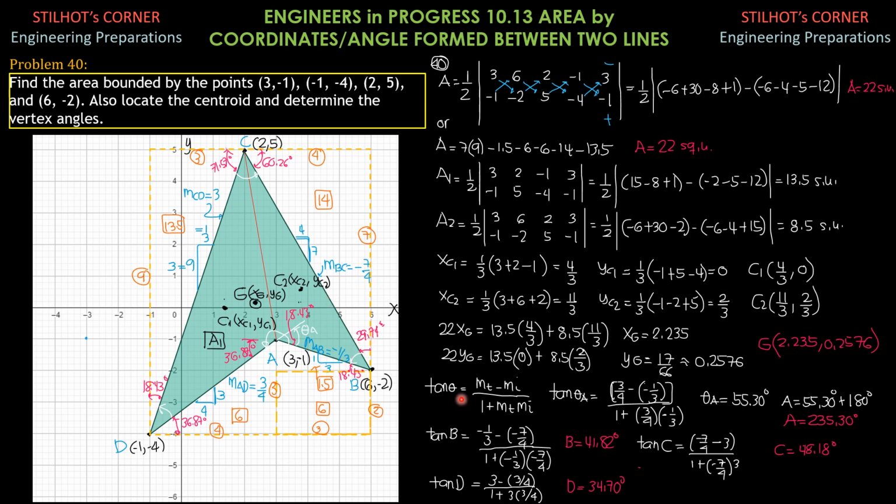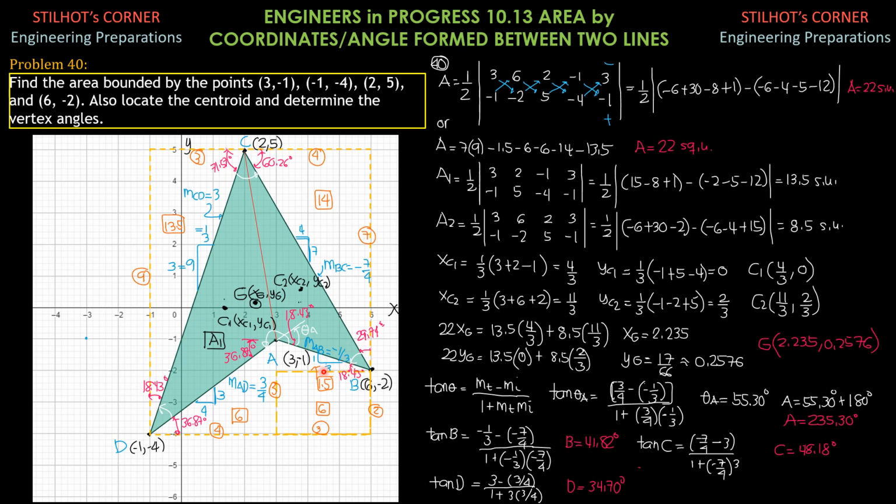So using the formula, tangent of angle B equals terminal slope negative 1/3 minus initial slope negative 7/4, all over 1 plus negative 1/3 times negative 7/4. It will give us a positive slope net. Then inverse tangent of that positive value is 41.82 degrees, and that's angle B.